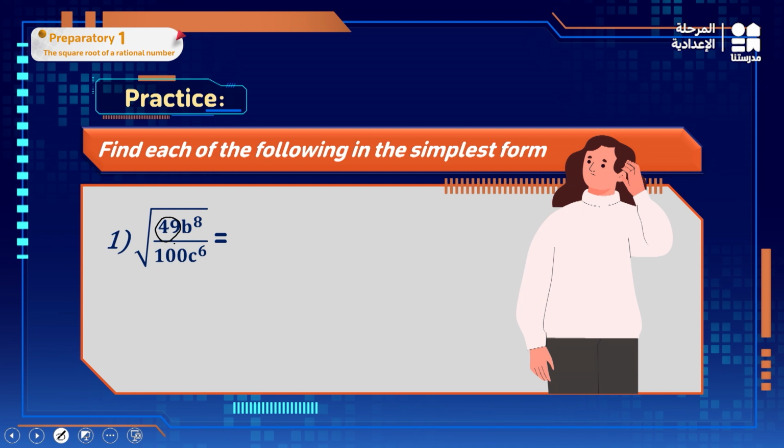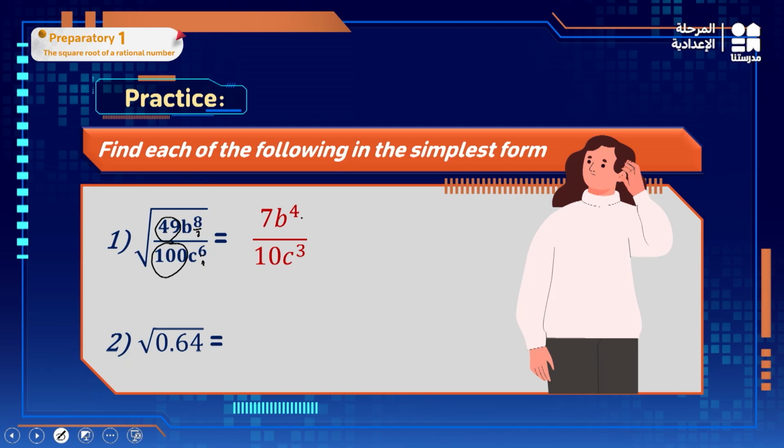The square root of 100 is 10, because 10 times 10 is 100. What about b to the power of 8? Immediately divide by 2. So 8 over 2 is 4, and 6 divided by 2 is 3. So 7b to the power of 4 over 10c to the power of 3.